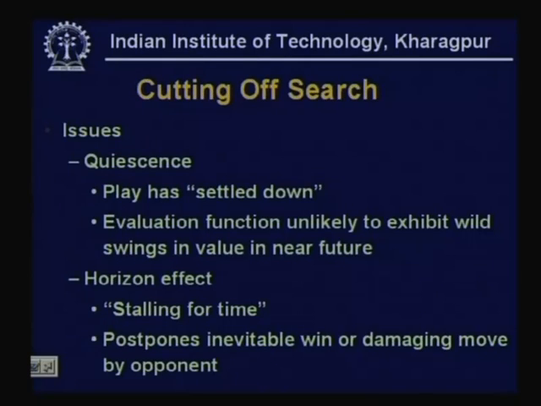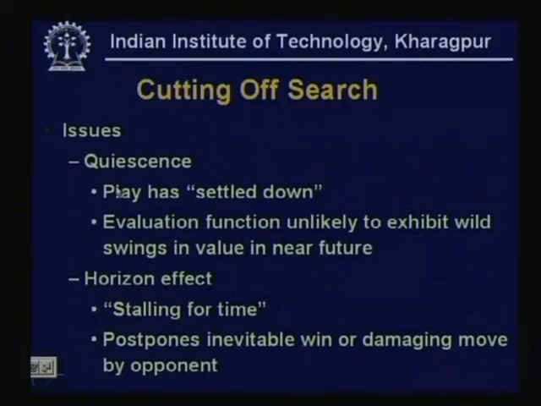So, if we can recognize in the game tree that a node has reached a quiescent position, we need not waste our effort in expanding that search frontier further, and we can concentrate our efforts in other parts of the search tree which are more likely to change the evaluation function as we go down. So, this effect is called quiescence.